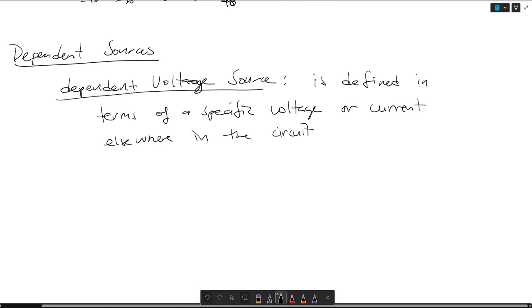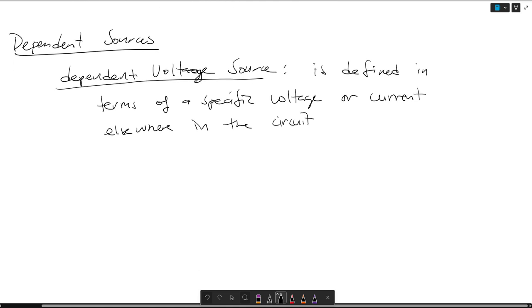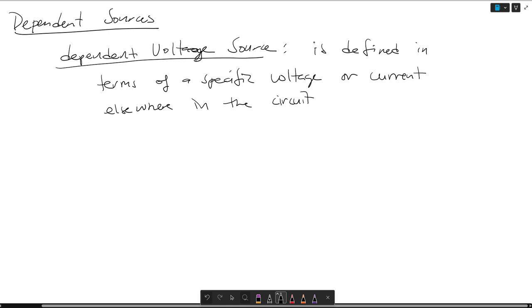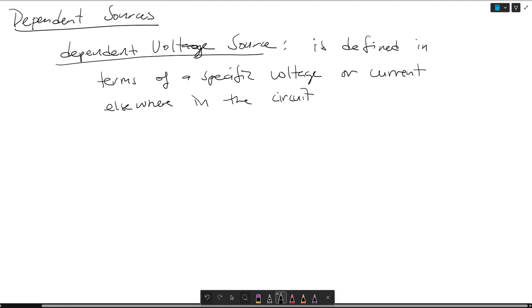So I'm going to draw out an example of a 741 op amp circuit. We haven't studied op amp circuits yet, but I just want to introduce this to show what a dependent source might look like, and to show some examples of the things we'll get to touch on as time goes on.